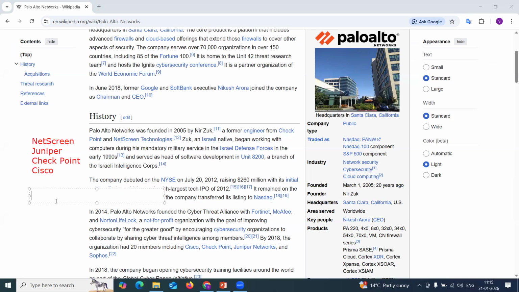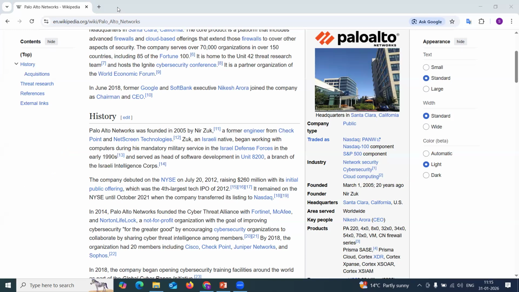You can say from 1990 to 2000, in between, these firewalls were created. If I talk about Checkpoint firewall, it was introduced in 1993 or 1994, something like that.